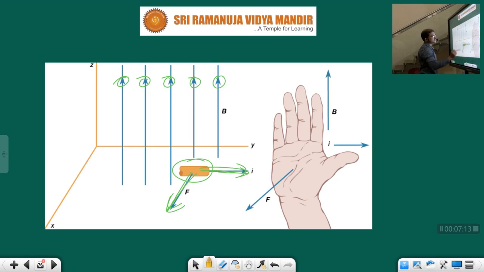See children, right hand palm represents force, fingers represent B, and thumb indicates current. Till now I used this law only. This is just a diagrammatic representation.